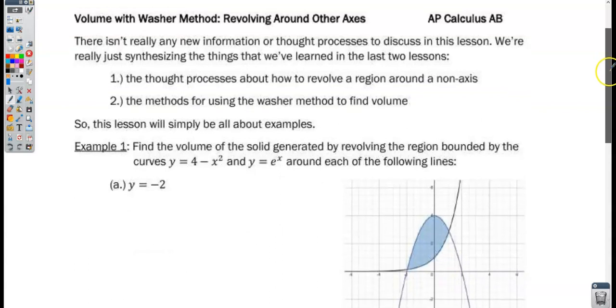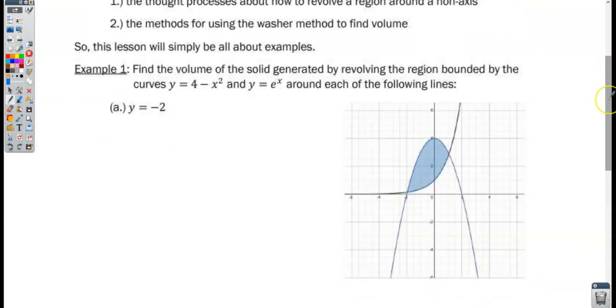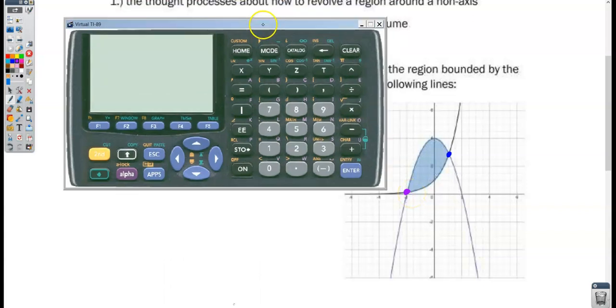some different lines. So first things first, what I'm going to do in all of these, I've got a picture of the graph, y equals 4 minus x squared and y equals e to the x. One of the most important things that I need to do is write in my intersection points. So we're going to go ahead and calculate the intersection points here. I'm going to graph these two curves.